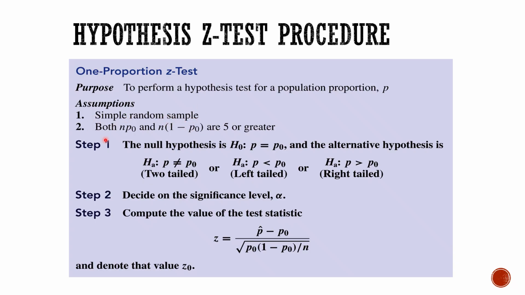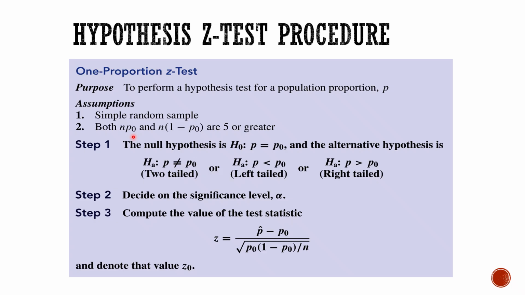And secondly, specific to hypothesis tests on proportions, both n times p sub 0 and n times 1 minus p sub 0 are 5 or greater, which means that the sample size multiplied by the population proportion, p sub 0 represents the population proportion.